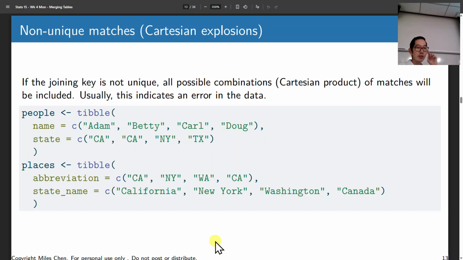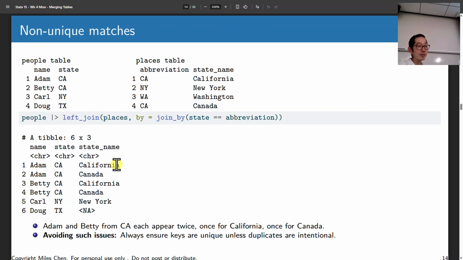So if you do a left join here, you're going to get Adam CA California, Adam CA Canada, Betty CA California, Betty CA Canada. You can see we end up with more rows than we probably anticipated. Here I've got two instances of CA over here and two instances of CA over here, so I end up getting 4 rows.